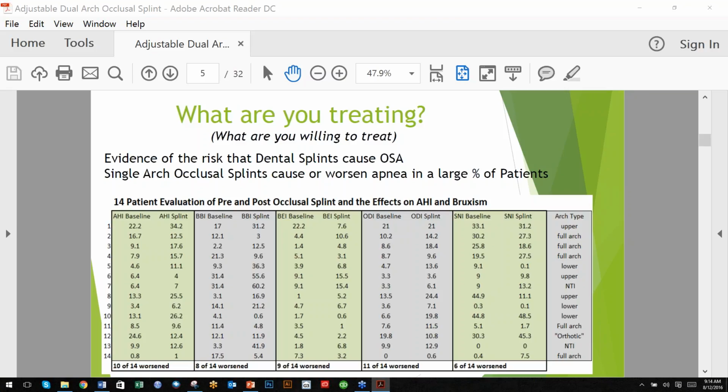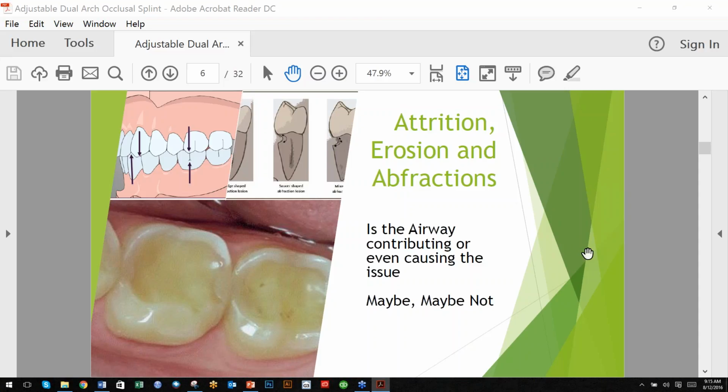Sometimes positive, but most of the time negative. It's probably 2/3 negative, 1/3 positive. Not that I am discouraging bruxism guards, because that would be silly. I'm just saying, know that those guards have an impact on the airway, and a lot of times it's not good. All right, so let's talk about bruxism for a while.